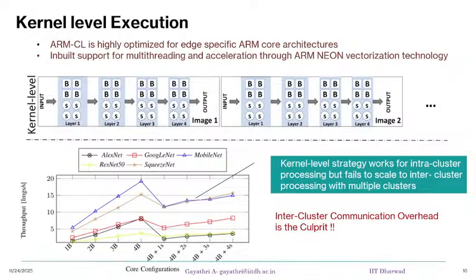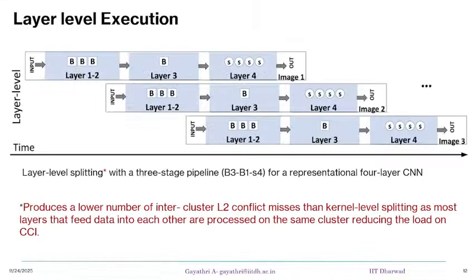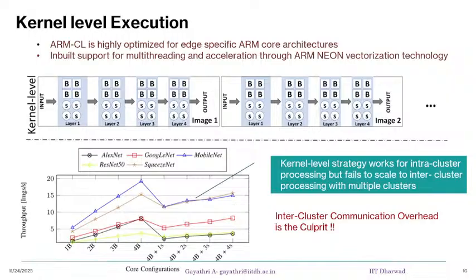So what we thought is, okay, the kernel-level strategy is not giving you the performance that you would ideally want, so what can you do to improve this? What we decided is, instead of using the entire kernel and splitting it among the cores, and when I say kernel, that is each layer.